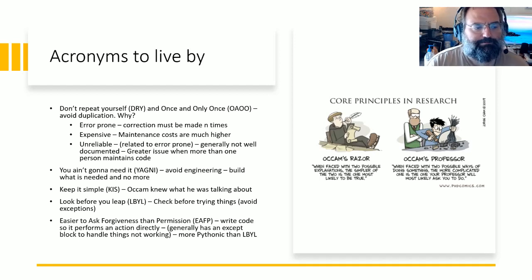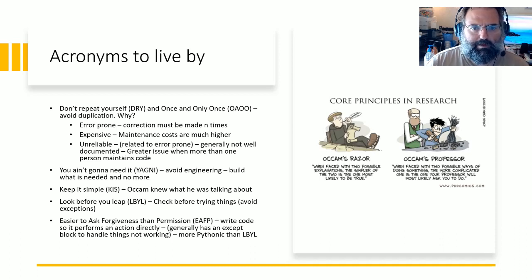You ain't going to need it. YAGNI, basically avoid over-engineering. The simplest thing is most likely going to be the right solution, so you build what you need and no more. That is very challenging. Hence the little cartoon on the right side of Occam's razor versus Occam's professor, which is do this when two things are possible explanations. The simpler one is likely going to be the most true.